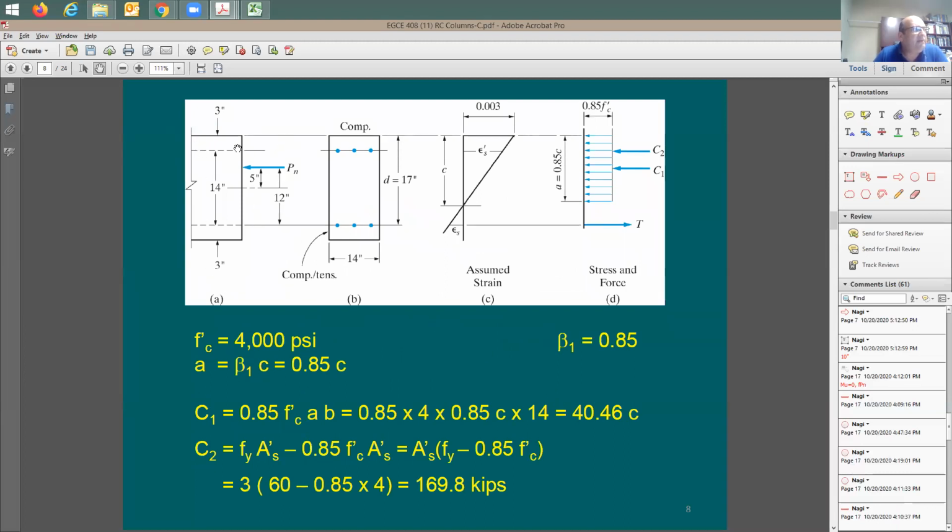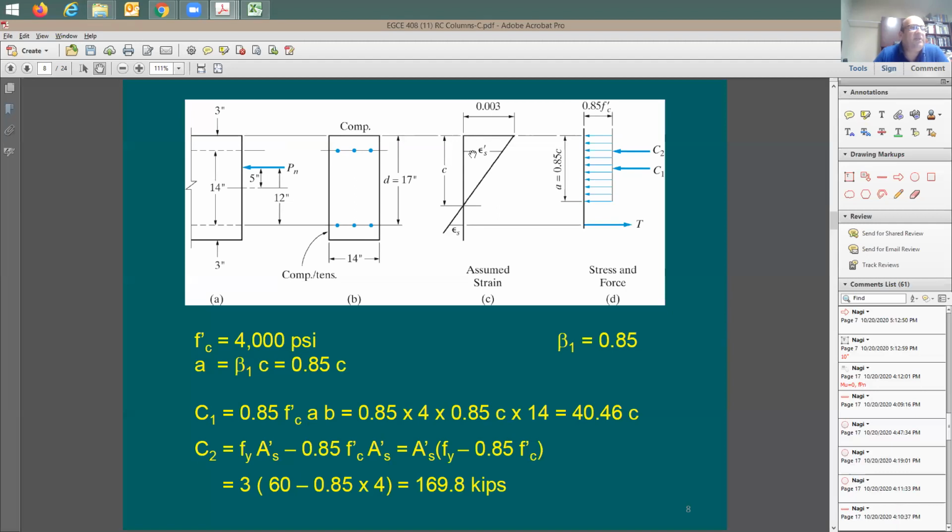In section A here, we have the external applied force, P sub n. And then we have here the reinforcing bars. We're gonna have 3 rebars in compression, 3 rebars in tension. The depth to the tension rebars, I understand that it's gonna be 14 inches, 3 and 3. Therefore, I'm gonna have here 17 from the tension rebars to the top compression. At the top, the compression strain is gonna be equal to 0.003.